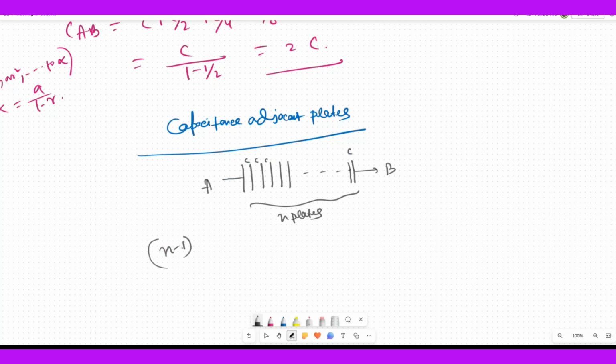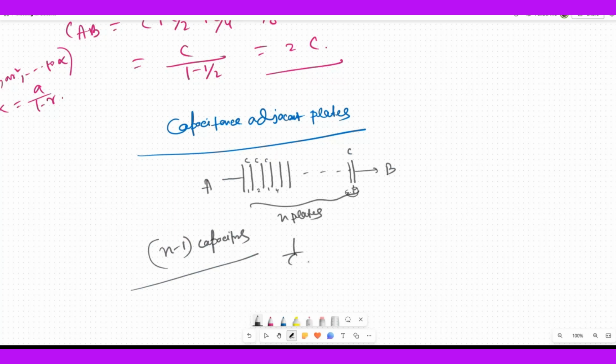If 3 plates are there, 2 capacitors. N minus 1 capacitors are formed, because between the n minus 1th and nth plates there will be the n minus 1th capacitor.